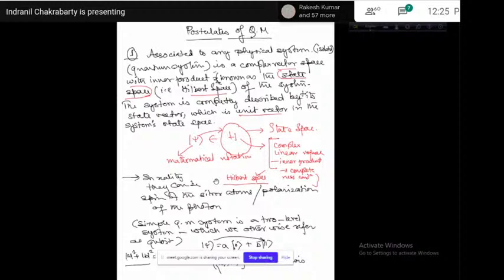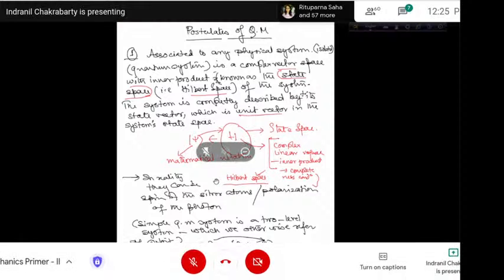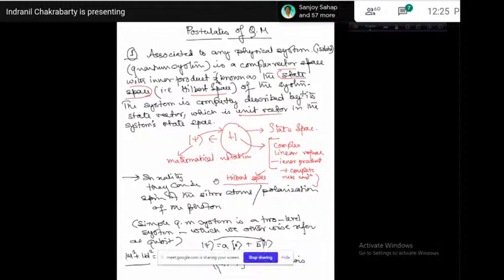Okay. Next, we summarize and move on to the postulates of quantum mechanics, right? The very first important postulate is that associated to any physical or quantum system is a complex vector space, which you have seen, supported with an inner product and the completeness condition, and it is known as the Hilbert space of the system.